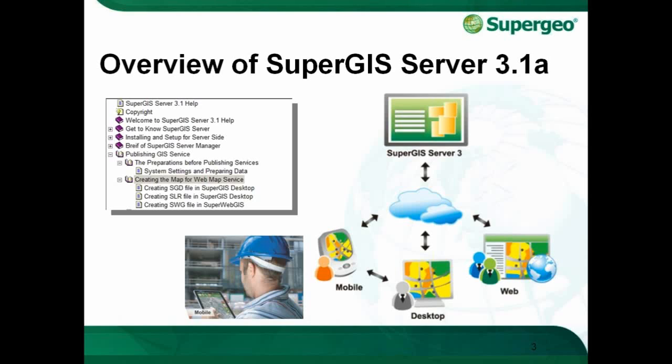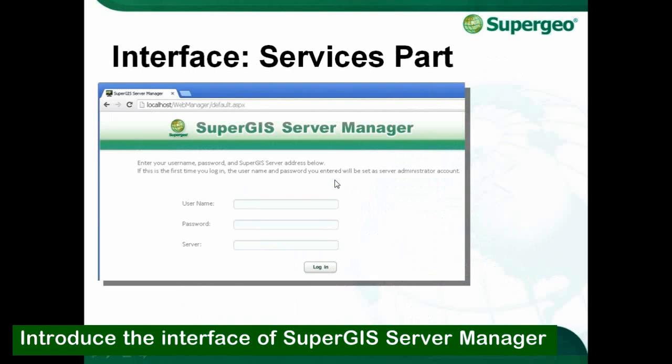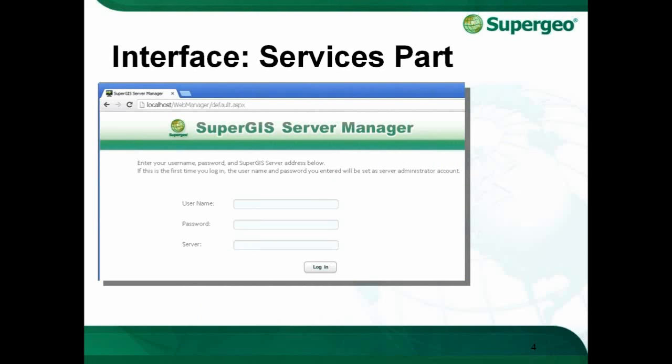More information can be found in the help manual, in the creating the map for web map service part. For the steps on how to install SuperGIS Server, you can refer to our SuperGIS TV on YouTube.